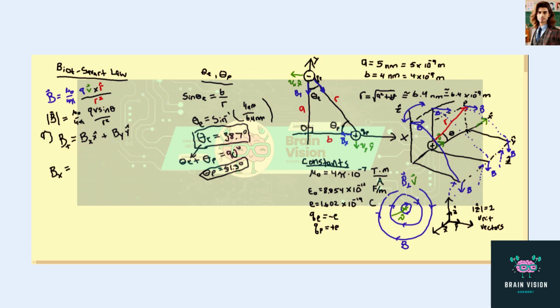So the magnitude of Bx is going to be equal to mu naught over 4 pi, times plus e, since it's a positive charge, times v, times sine theta, over r squared.